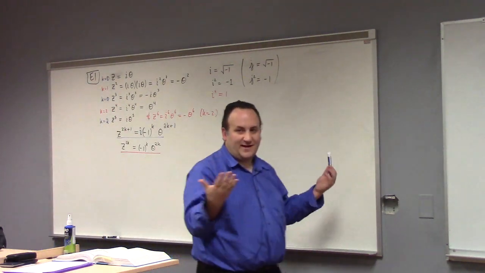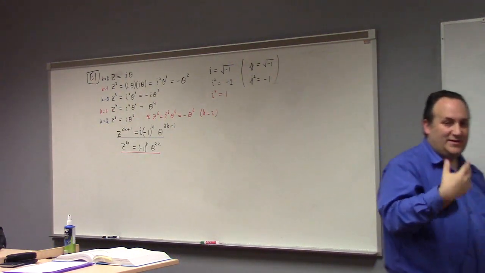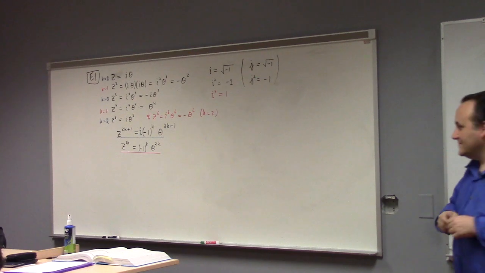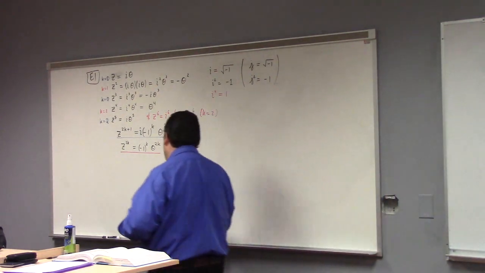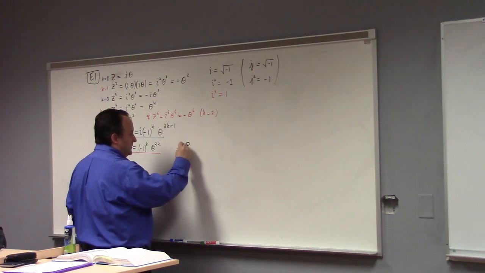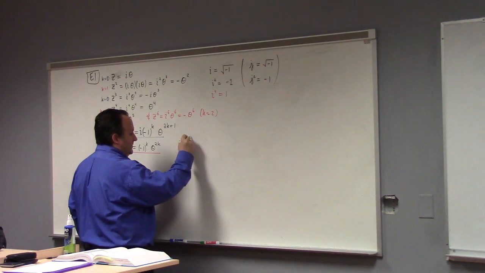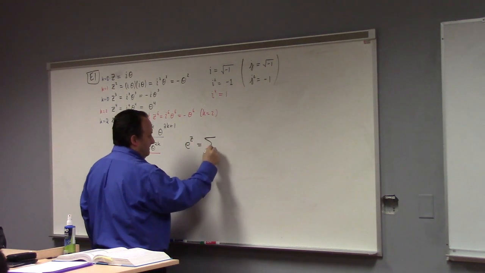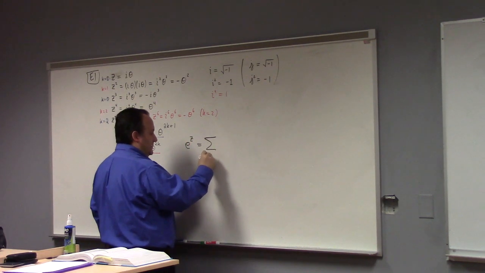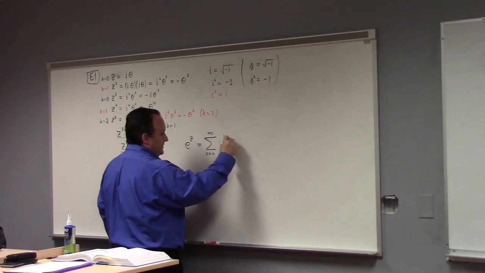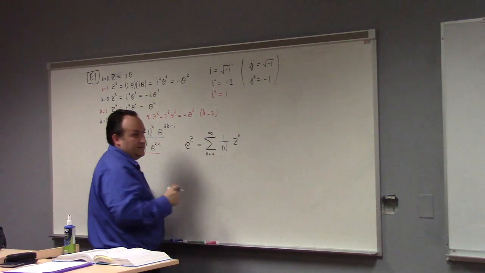But the point is, it's either i or nothing. Everything else is either a real number or it simplifies to plus or minus i, right? So put this all together. What have you got? Well, check this out. If we have e to the z, and we write that as the sum, n equals 0 to infinity of 1 over n factorial z to the n, right?